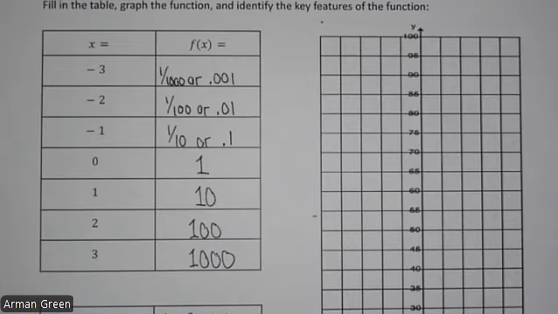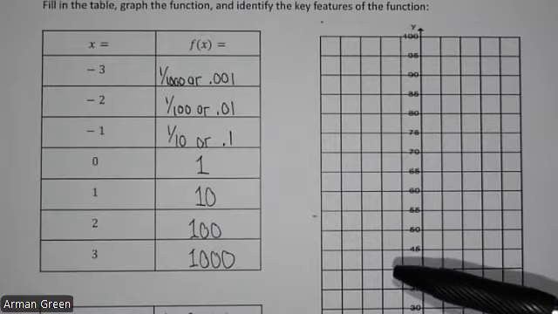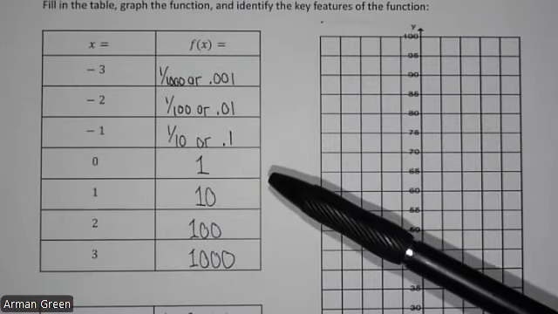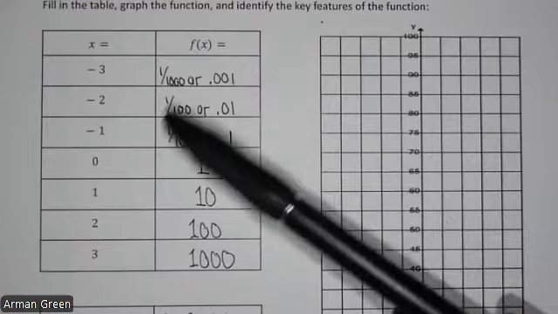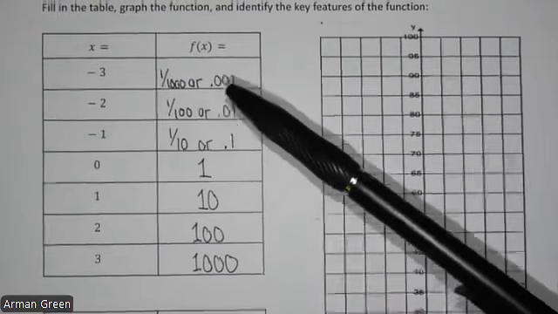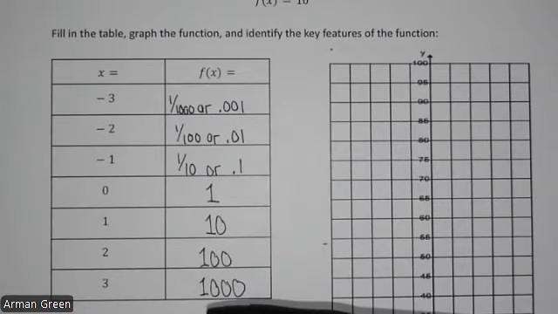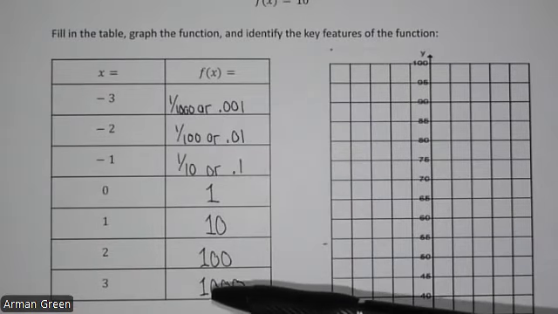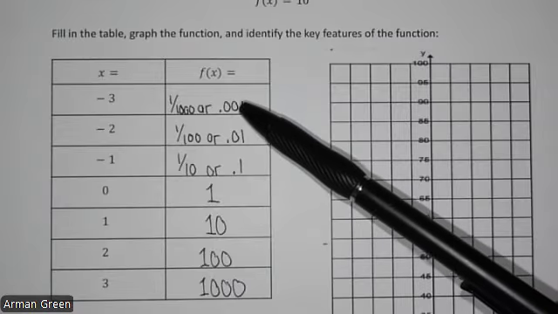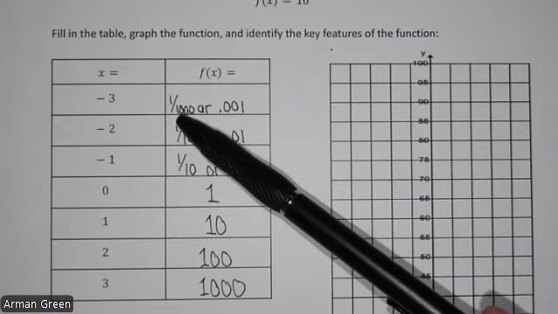All right, so you should have had time to look at these charts and this graph on page 26. So let's look at it together. For the first part, you take these x values and plug them into your function here at the top to see what you get. I actually have those numbers provided. So going down the line here, you should have got 0.001 or 1 over 1,000.